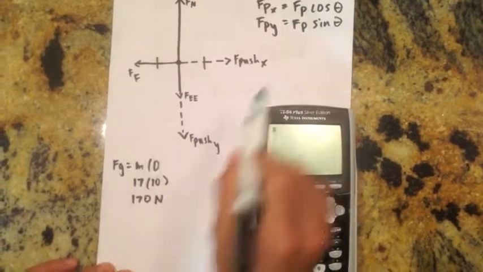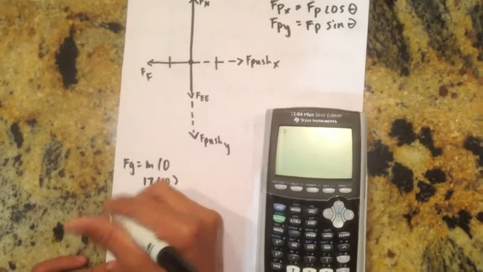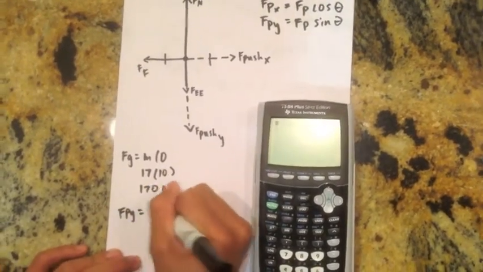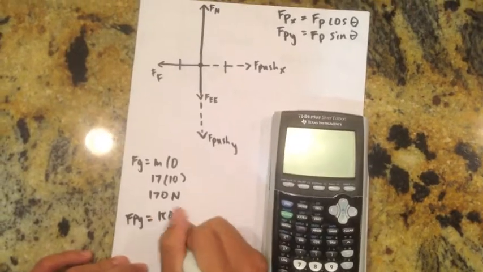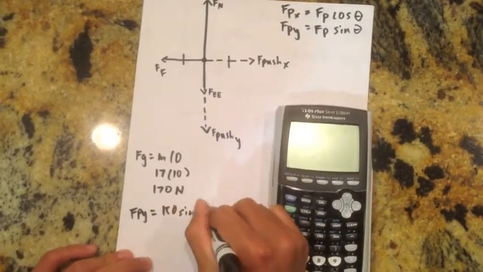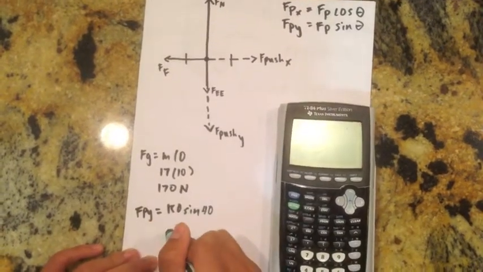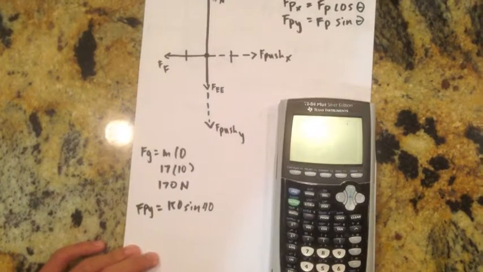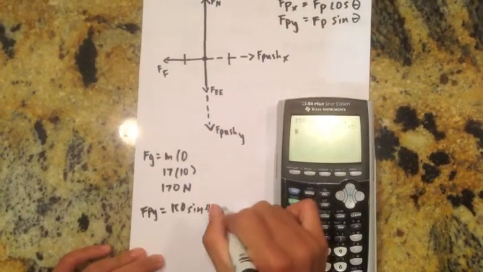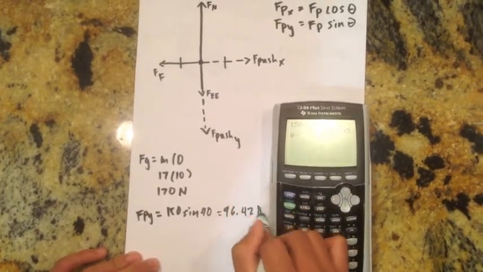To find the force of the push in the y dimension, we will plug in 150 newtons for force of the push and 40 degrees for theta. 150 sine 40 equals 96.42 newtons.